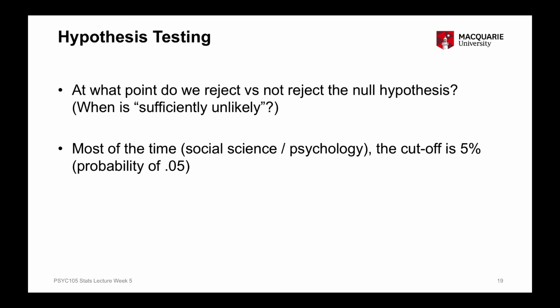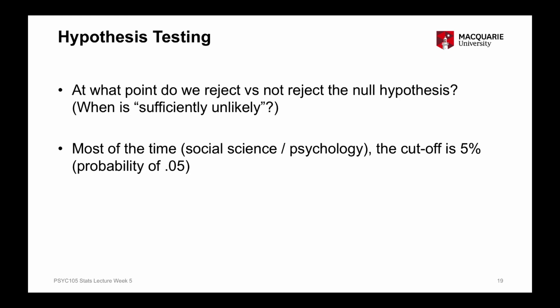And that's the cutoff point where we have a 5% chance of making a type 1 error, meaning a 5% chance of rejecting the null hypothesis when actually an effect doesn't exist in the population. We as a kind of global scientific consensus have decided that that's an okay probability of making an error.